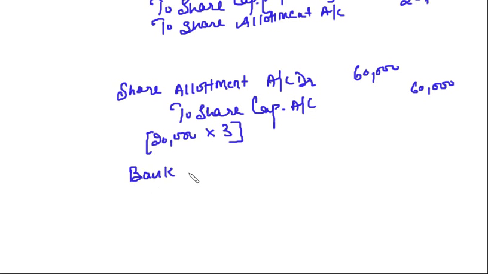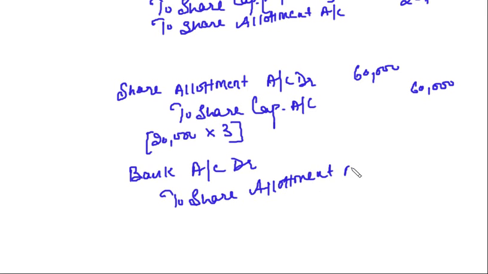So what will be the journal entry? Bank account debit to share allotment account, that is 40,000. Clear?